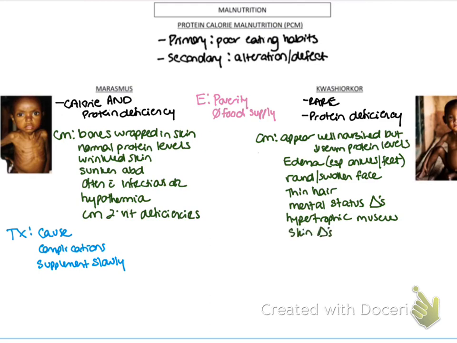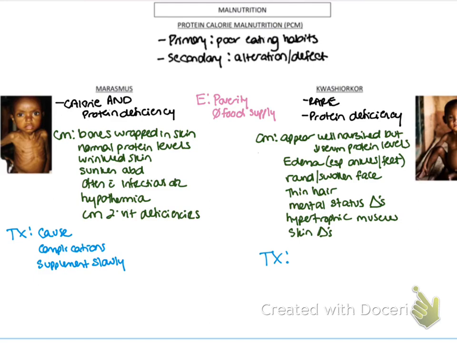Skin changes. It's thin, gets kind of a reddish color. The skin is brown and peeling off.